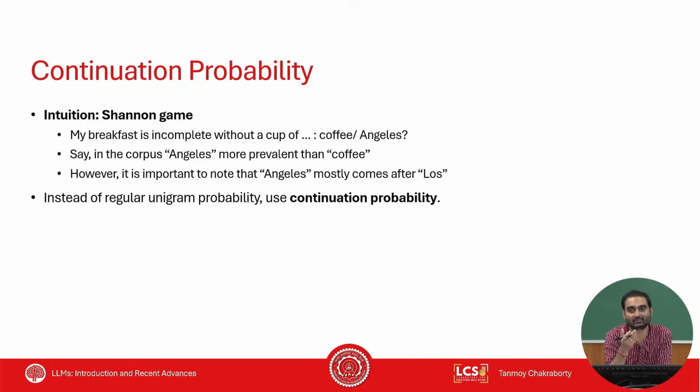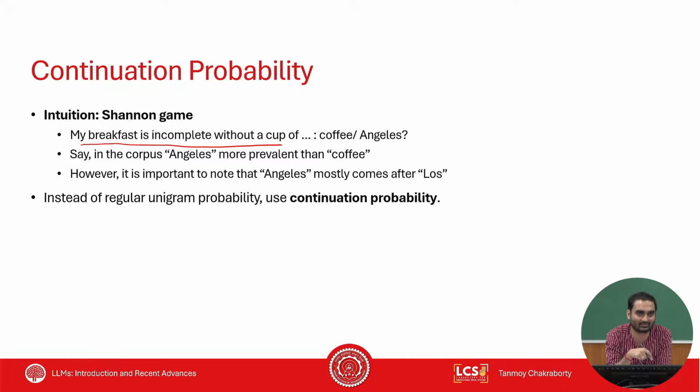And what is the intuition? Again, the intuition goes back to Shannon's guessing game. Let's say I ask you to complete this sequence: my breakfast is incomplete without a cup of dash. If you use the unigram probability, you will see that the word Angeles has a higher probability than the word coffee.